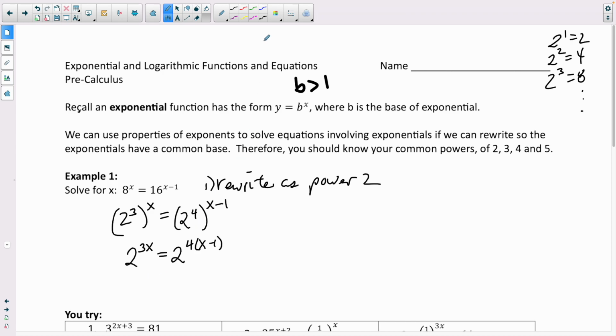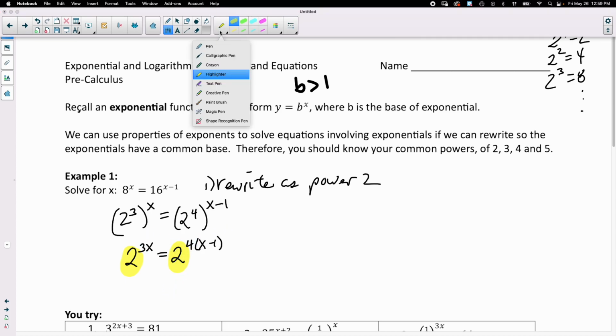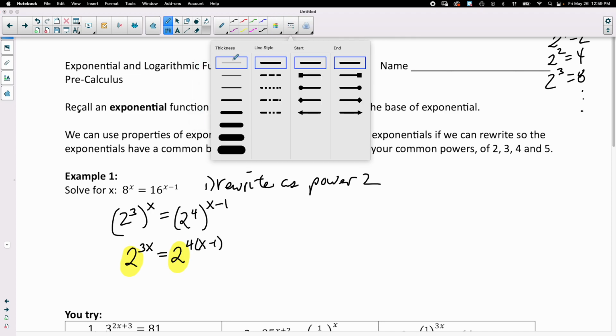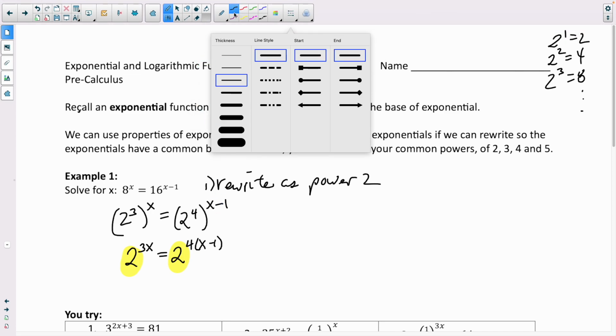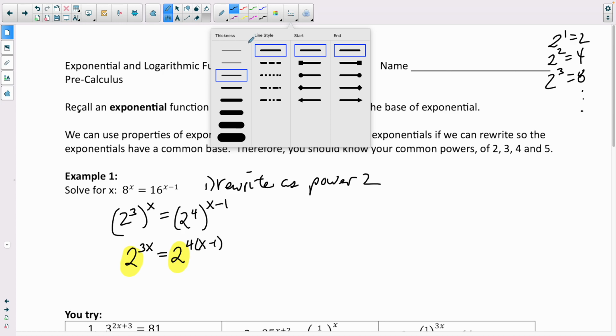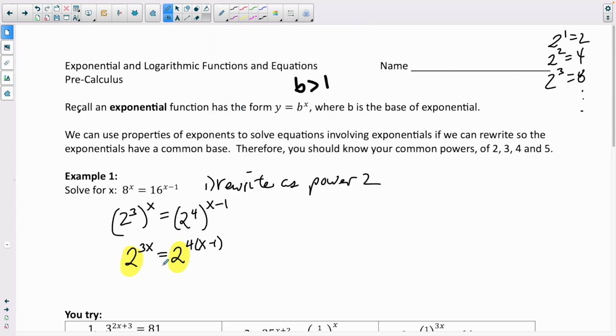Once we get a base of 2 equals a base of 2 to a power, we can pretty much just ignore that base. So for this to be true, it must then be true that 3x is equal to 4 times x minus 1.